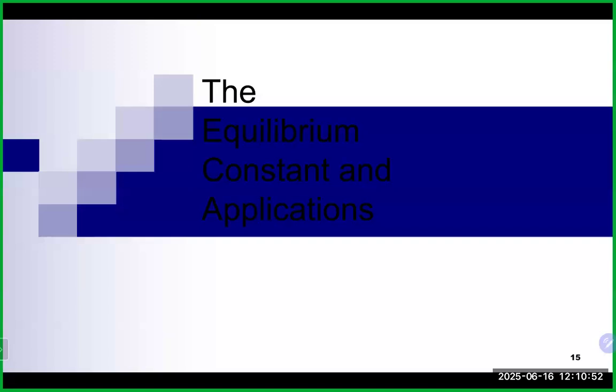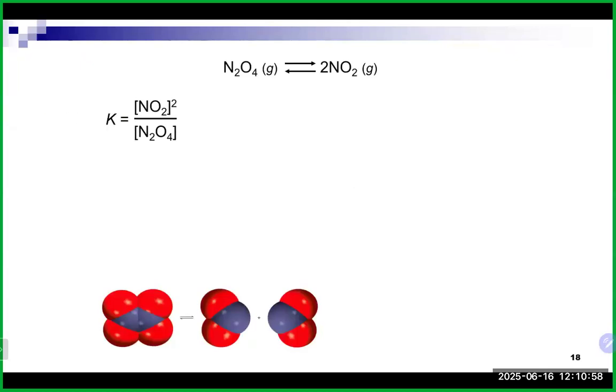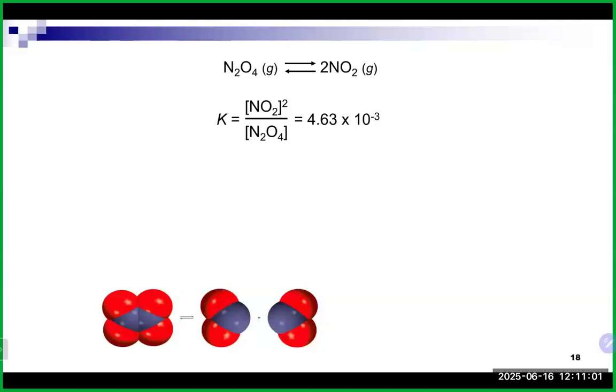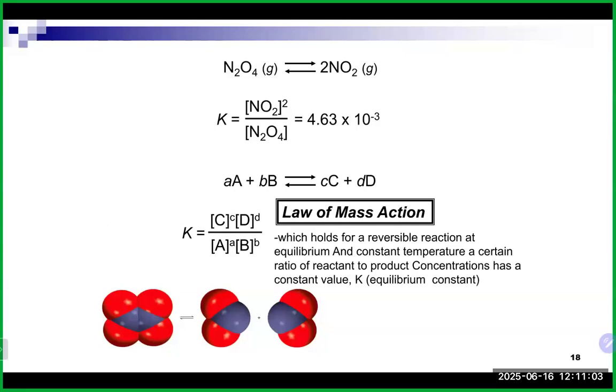So let's talk a little about the equilibrium constant and the application of the equilibrium constant. So if we have an equilibrium reaction like this, we could actually write what is referred to as the equilibrium constant. And the equilibrium constant is abbreviated with a capital K. And I say capital K because if you talked about kinetics in 200A, you maybe saw little k, which is the rate constant.